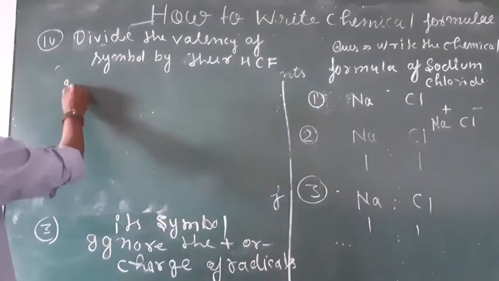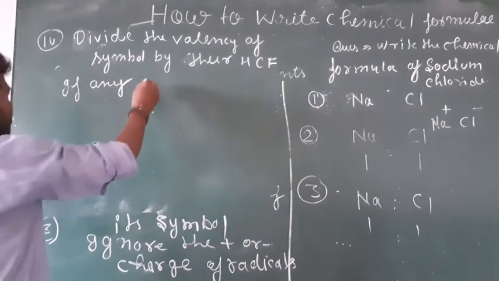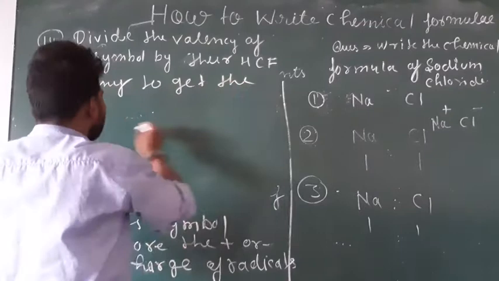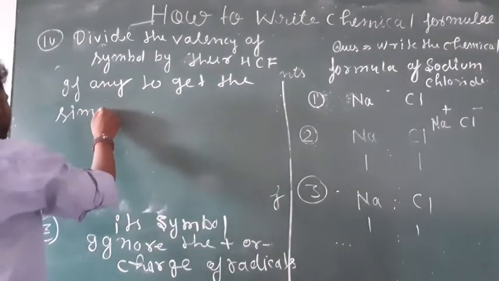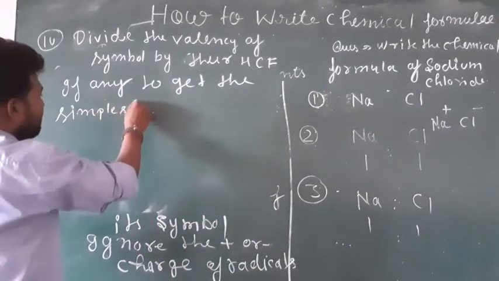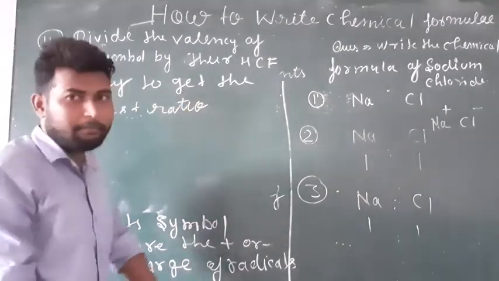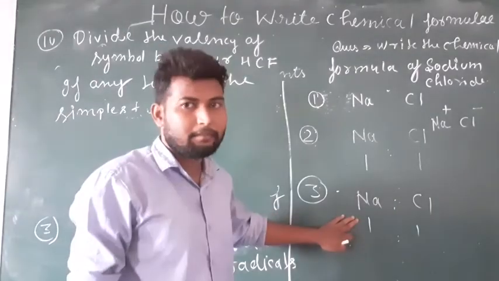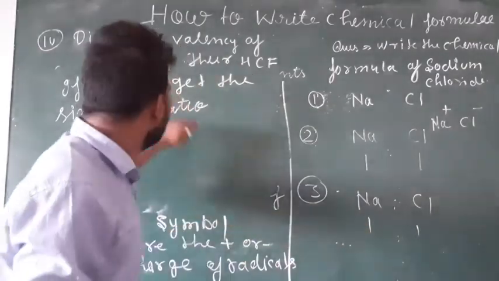Aiming to get the simplest ratio means if the valency is present here in simple form, then there is no need to use rule number 4.